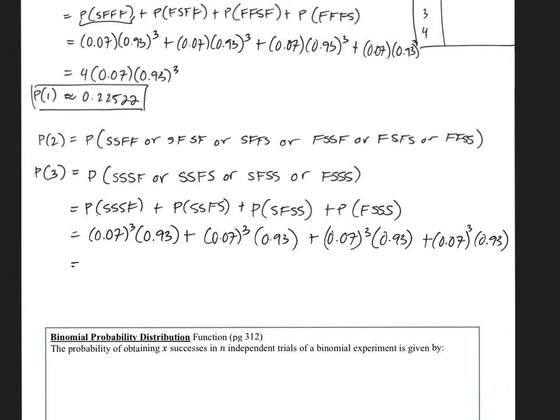And then how many of these do we have? We have 1, 2, 3, 4 of them. So we have 4 times 0.07 to the third power times 0.93. And that comes out to be approximately 0.00128. Okay, so that is P of 3.